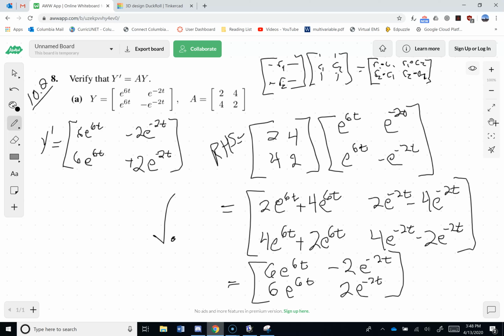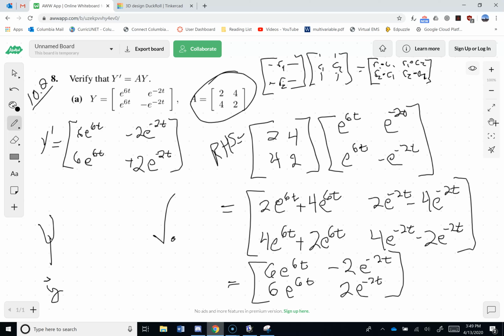How is this different than the vector thing I was just doing? Yeah, it's a little bit less gross for one thing, which is kind of nice. You might notice that this matrix Y here, if I compare this to problem number 1, this is the same coefficient matrix that I had in problem number 1.